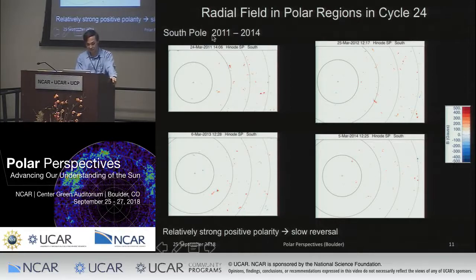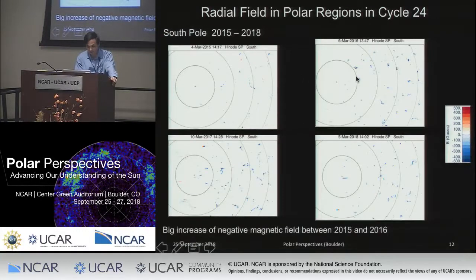And this shows that the South Pole between 2011 and 14 started from relatively strong positive field and slow reversal, and at this point it's not reversed yet, but then between 2015 and 16 there was a big emergence of negative field, and that continues up to now.